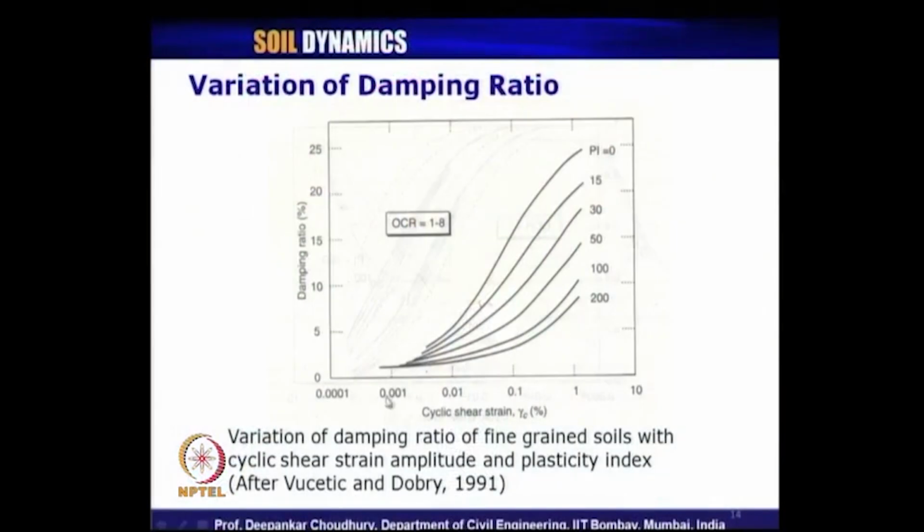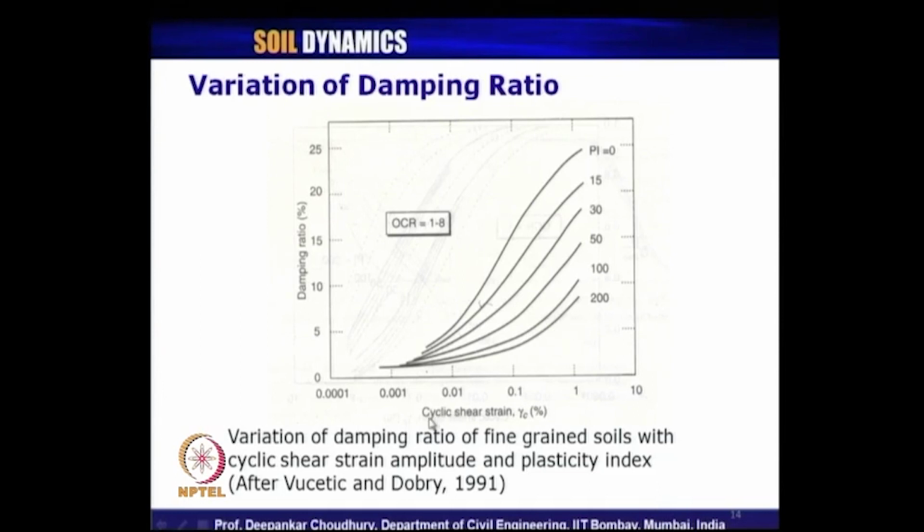Now, let us see what are the different effects of variation of this damping ratio with change of cyclic shear strain as proposed by various researchers. So, again the work of Vucetic and Dobry in 1991 for fine grained soil has been reported here. For different values of cyclic shear strain, how the damping ratio behaves, it is represented in percent, and for various soil they have considered with OCR value between 1 to 8, and for different values of plasticity index they have plotted the curve.